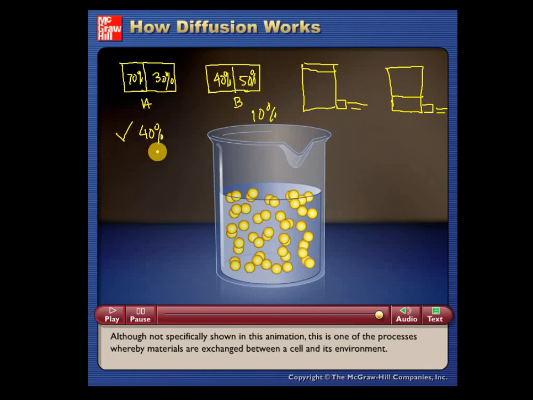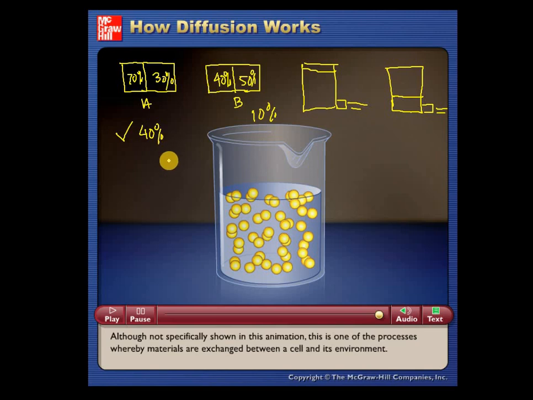So the rate of transfer, not the time na matapos siya. Kundi yung rate of transfer lang, habang nagka-transfer yung molecules. So that's it. The steeper is the concentration gradient, the faster is the rate of diffusion.